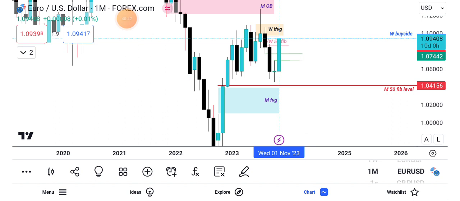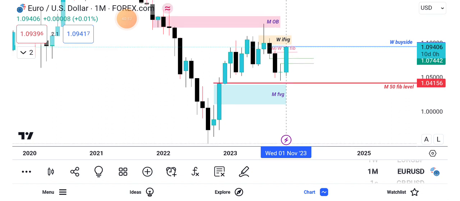So in EU, it shows us that we should be expecting lower prices, because we cannot buy while we are in premium. Yeah, we buy when prices are cheaper and sell when prices are expensive.